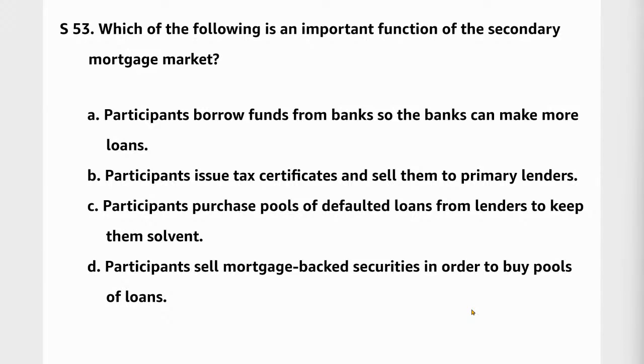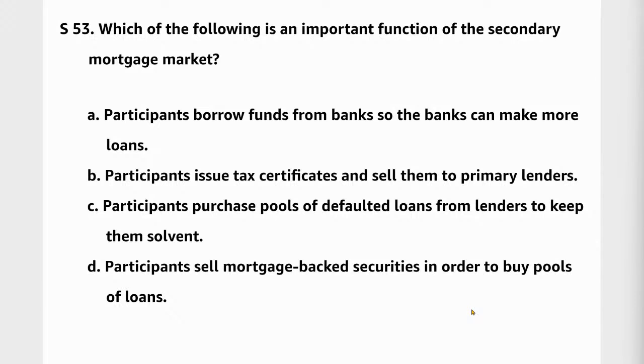Secondary mortgage market organizations buy pools of mortgages from primary lenders and sell securities backed by these pooled mortgages to investors. So investors will come in and buy 50, 100, 1,000 properties that maybe ended up being foreclosed or defaulted loans. They're buying paper, promissory notes, and not necessarily the property.